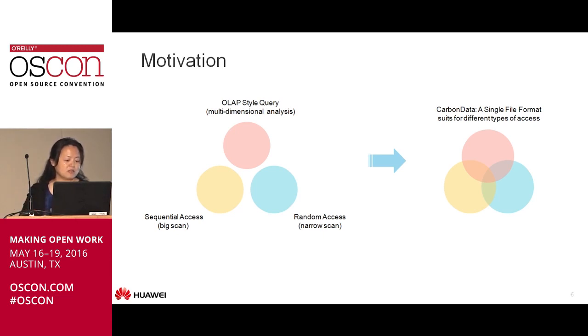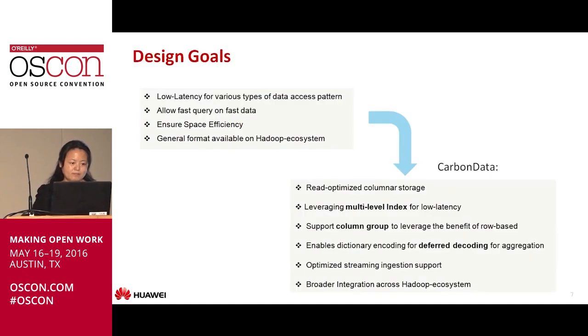Traditional MPP database is the player. But we haven't seen any file format or storage system that can do a good job of all three types of data access patterns. So this is the motivation why we introduce a new file format. That's CarbonData. It's a single file format, but fits all different types of access.